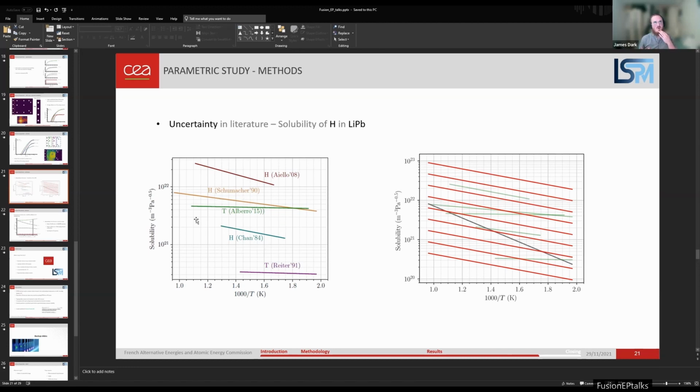There's a whole range of techniques used, but also we're talking about the solubility of hydrogen in a liquid, whereas most other values that we have for the solubility of hydrogen are in solid components, like tungsten or iron or eurofer.